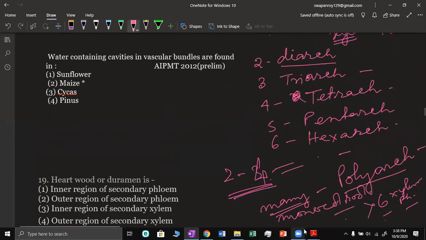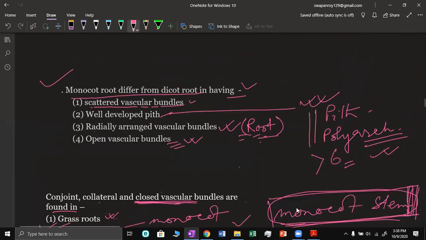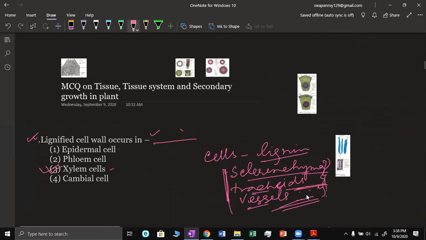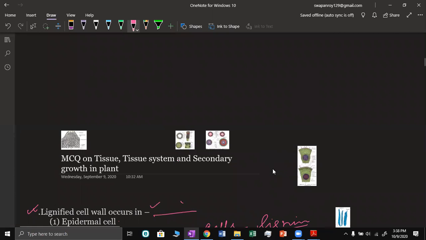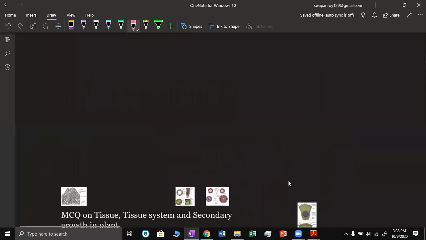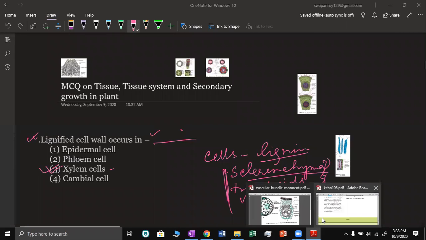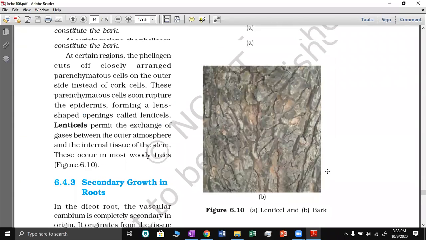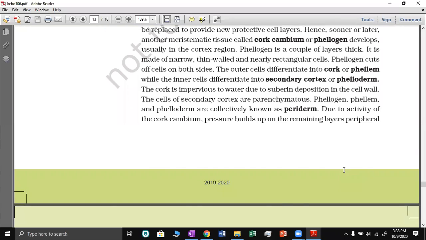I can show you some diagram from the book itself.